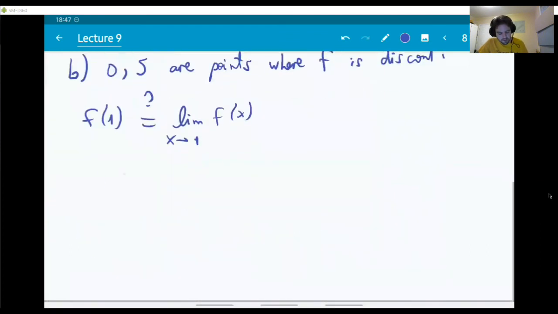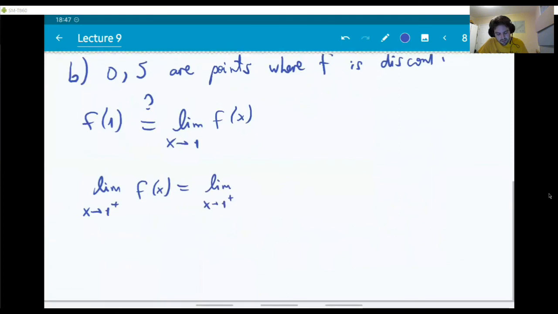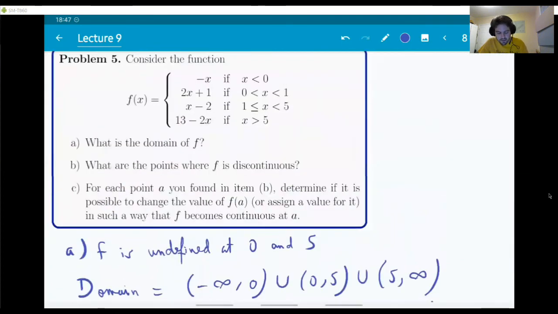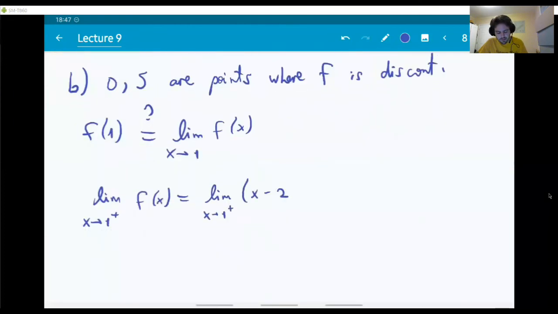What are the limits from each side? If you're coming towards 1 from the right, then you are right here in the expression between 1 and 5. The expression is just x minus 2, giving you a limit of -3. No, sorry, 1 minus 2 is -1.